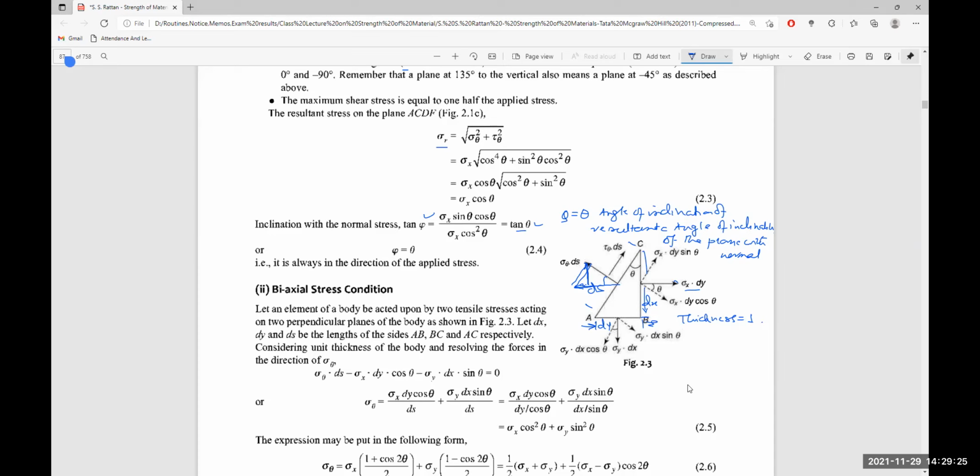Thus, sigma theta ds minus sigma x dy cos theta minus sigma y dx sine theta is equal to 0.